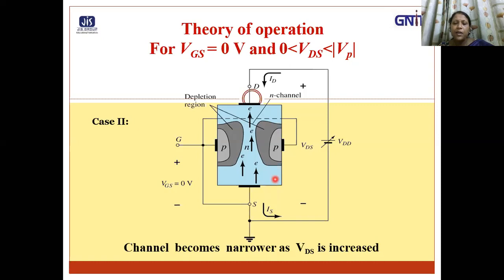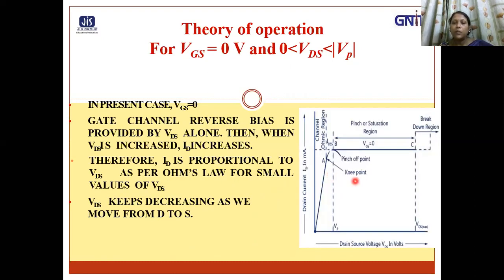As VDS is gradually increased from 0, ID increases proportionally as per Ohm's law. Here you can see initially the characteristics curve follows Ohm's law.